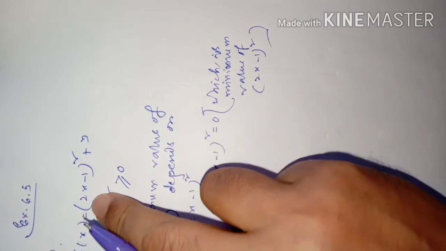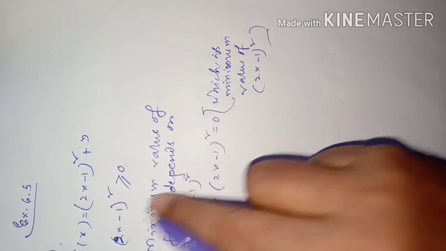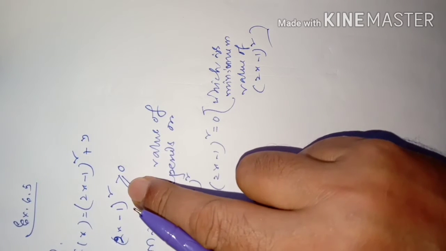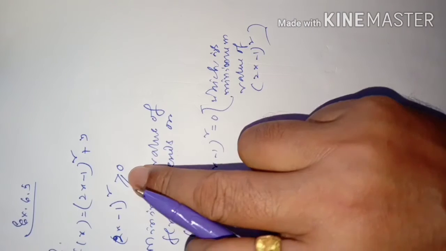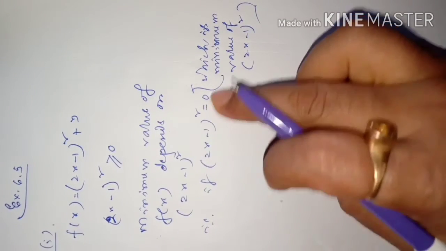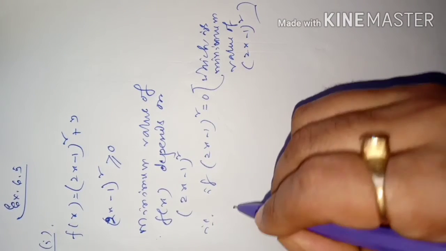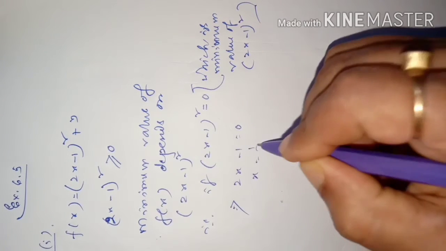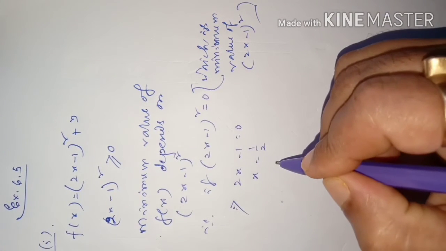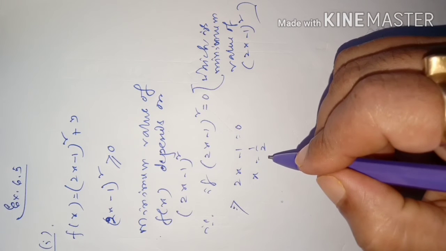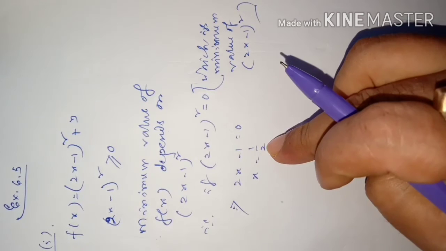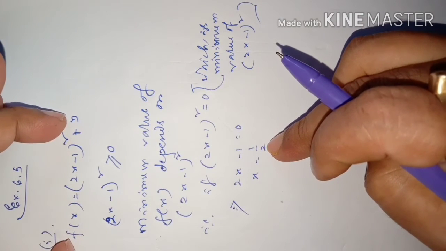So if it has a minimum value, that means it is only 0. Otherwise it has all values greater than 0 only. So 2(x - 1)^2 equal to 0, then we get x - 1 equal to 0. That means x equals 1/2. This is the only point of minimum value. So when x equals 1/2, this function will have a minimum value.